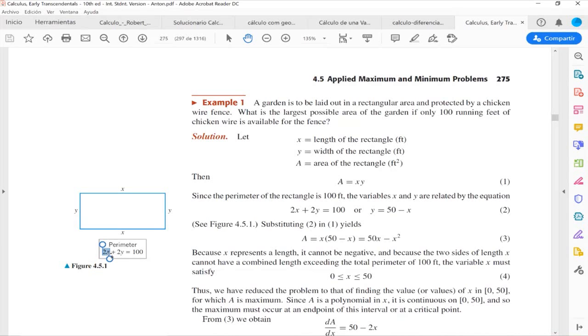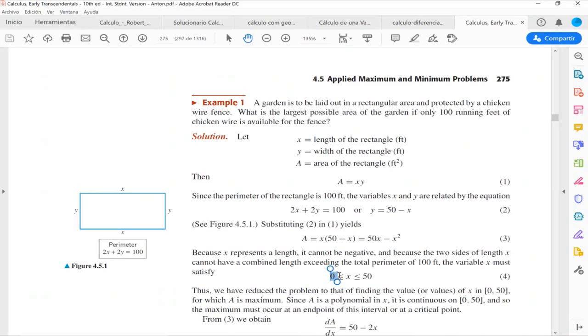When x is 50, y is 0, and when y is 50, x is 0. That's why x is between 0 and 50. And sure, when you are at 50, you don't have any fence because y is almost 0.